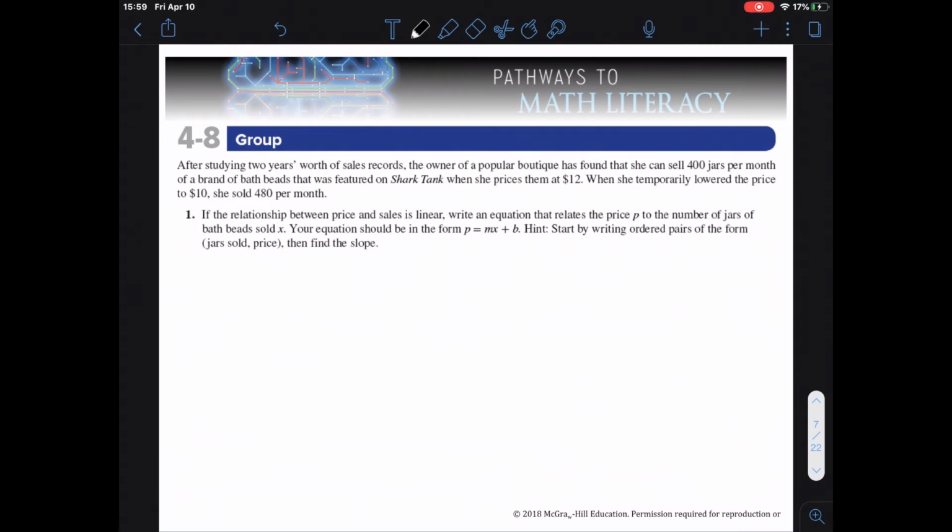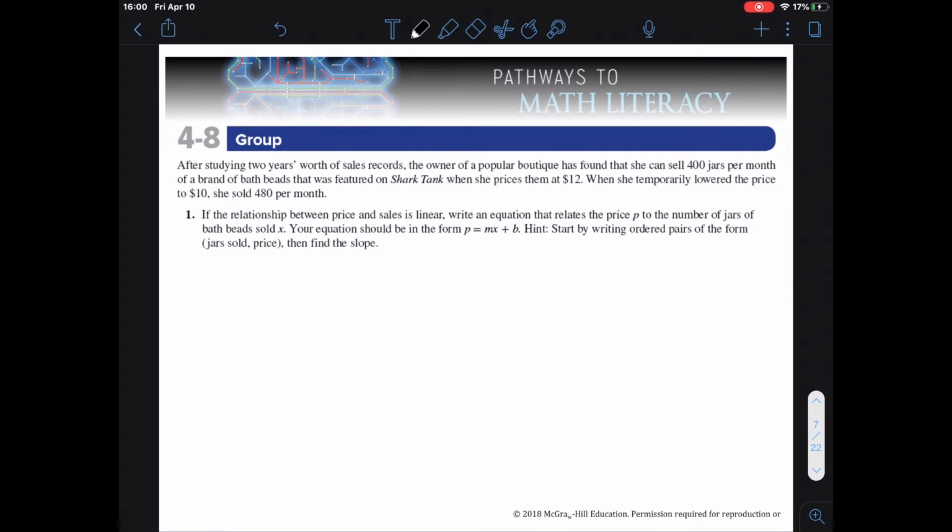So if we think of a business, after studying 2 years worth of sales records, the owner of a boutique found out that she can sell 400 jars per month of a particular brand of bath beads when she prices them at $12. When she lowered the price to $10, she was able to sell 480 instead.